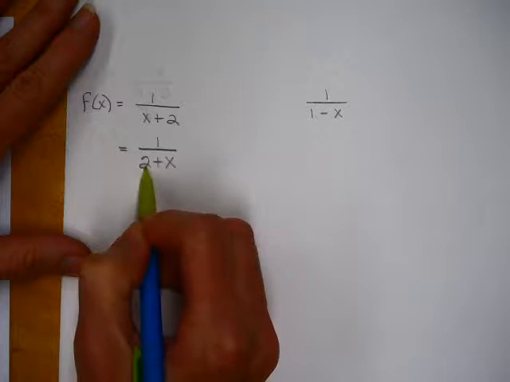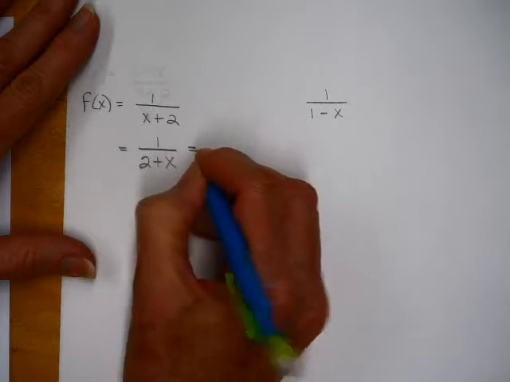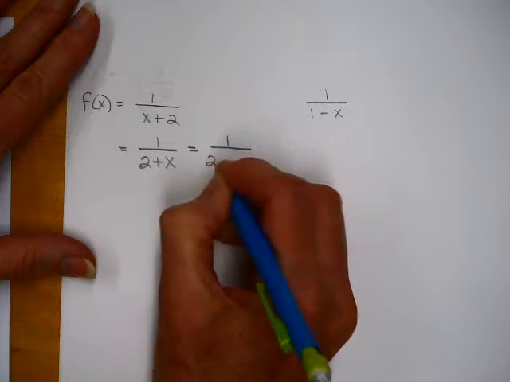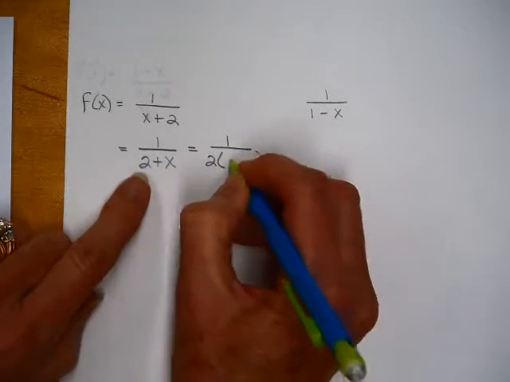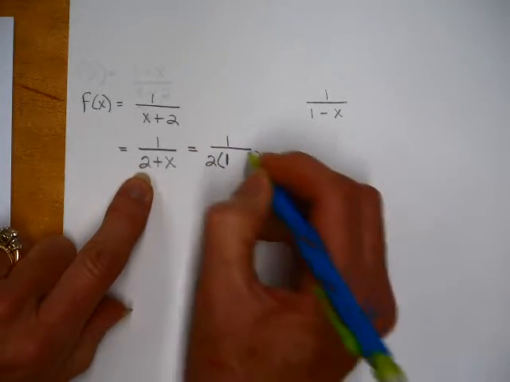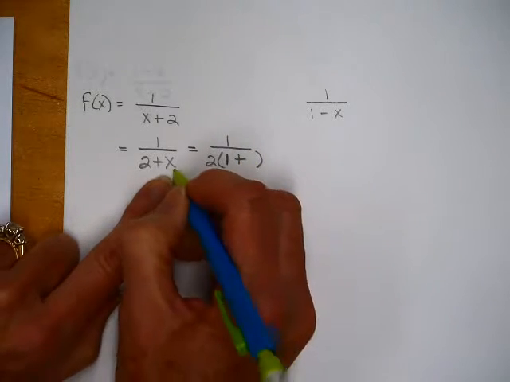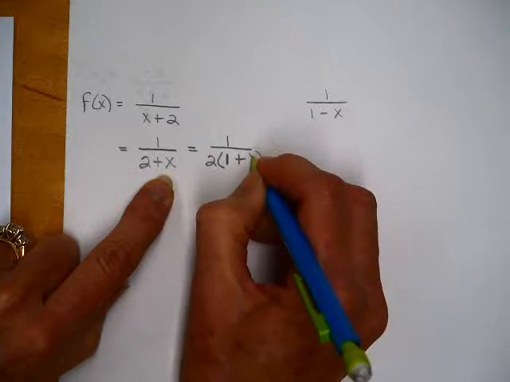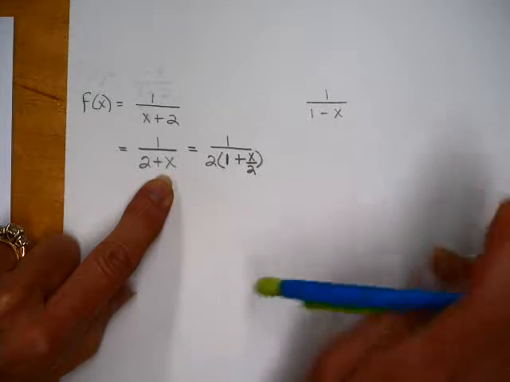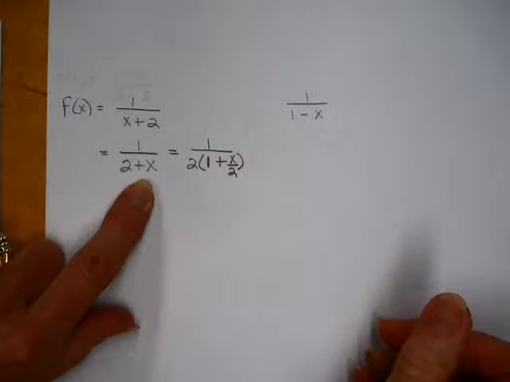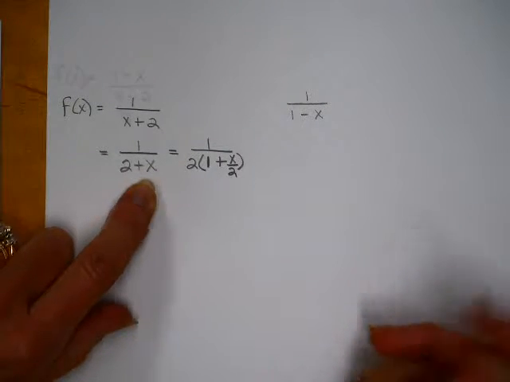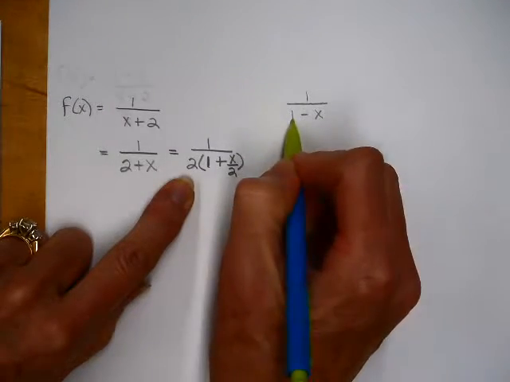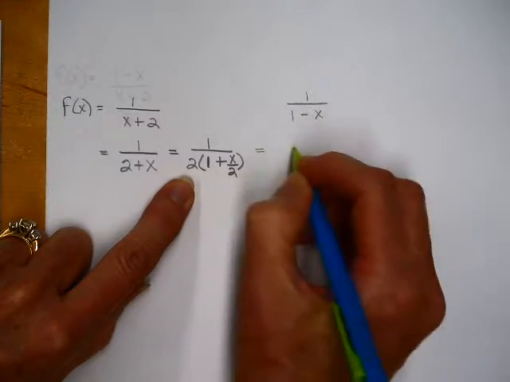So I'm going to have to factor out a 2 in the denominator. So when I factor out a 2 from this, I have 1, plus, I've got to factor a 2 from the x, so that means I write x over 2. Because I have to have a 1 down here. This is what my formula looks like.